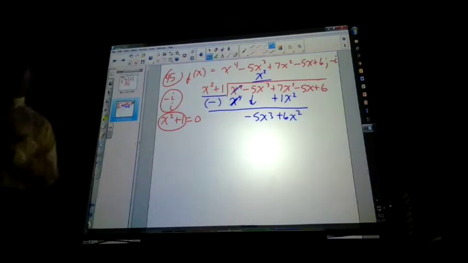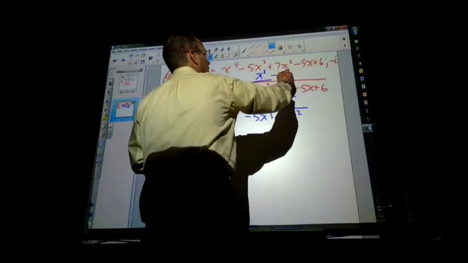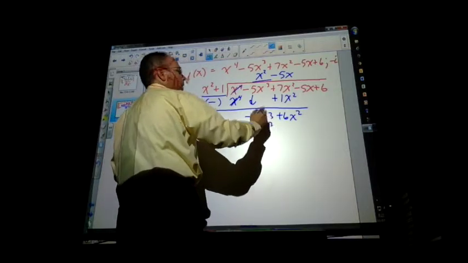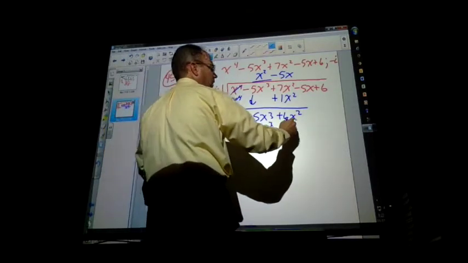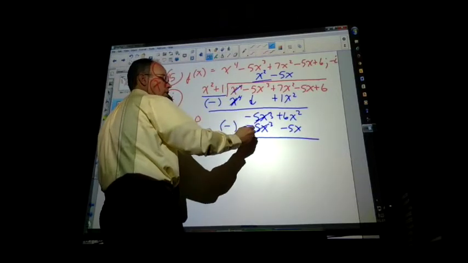Okay, so I have two terms dividing into two terms. That'll work. What do I have to multiply x squared by to get negative 5x to the third? Negative 5x. Negative 5x times that's negative 5x to the third. Negative 5x times that's negative 5x. We're going to subtract, so those cancel.